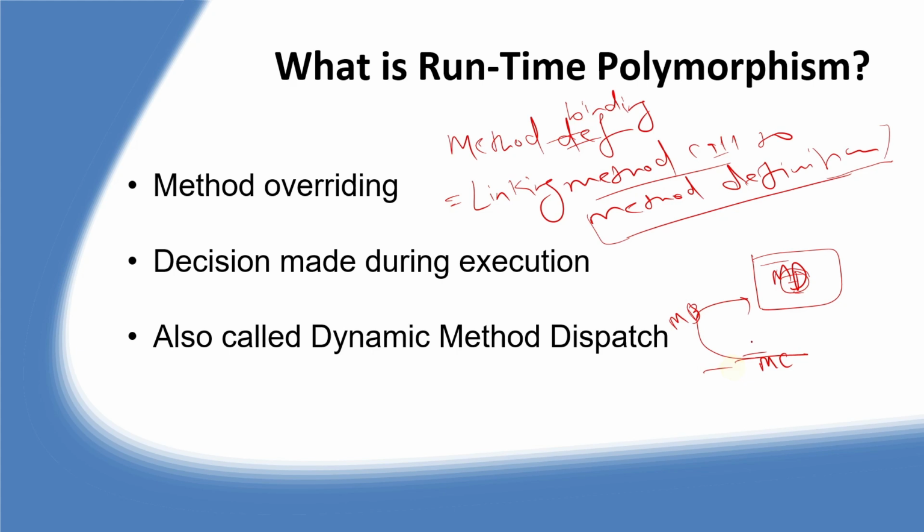This is very basic. Now we understood what is method binding. If method binding is happening during compile time, we call it compile time polymorphism. And when method binding is happening during runtime, then we call it runtime polymorphism. As simple as that.